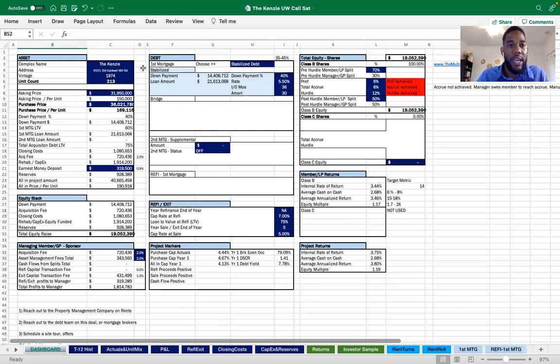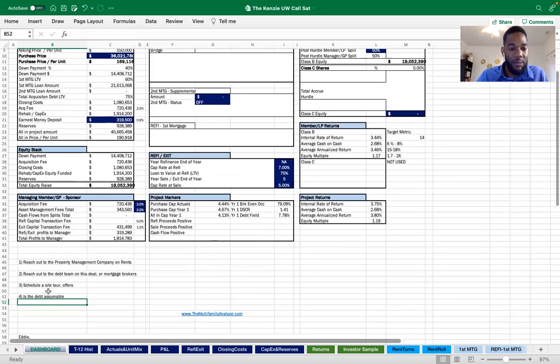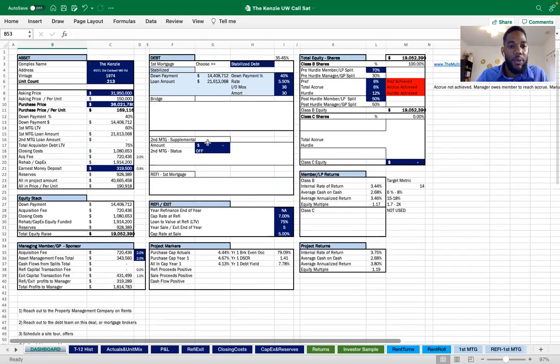They've been saying, hey, this debt is assumable because it's so expensive to borrow right now. So that may be something to ask the broker. Because if we have assumable debt, we may be able to do a blended mortgage here. We would turn on this second mortgage status and punch in the rate to get a blended rate. That may be more encouraging for us, and we may be able to get closer on price.